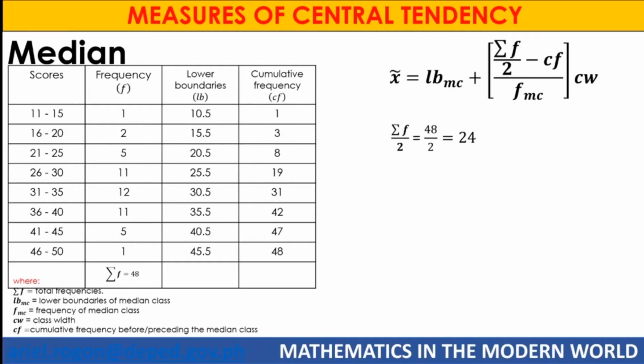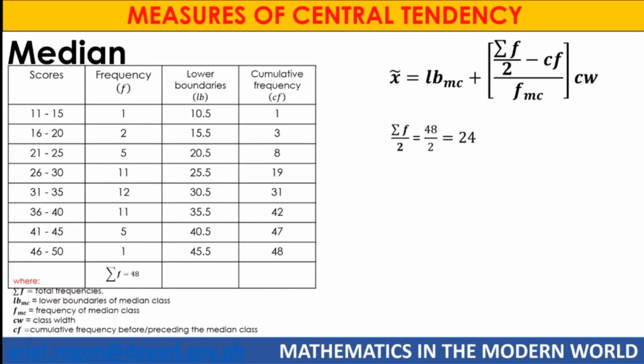So where can we find the 24? Where can we find the median class? Okay, now focus on the cumulative frequency. Where can we find 24 in the cumulative frequency? We cannot find 24 in the first column, which is the 1, right? So let us proceed with the 3. That means the frequency from 2 to 3. So the 24 cannot be seen in 3.